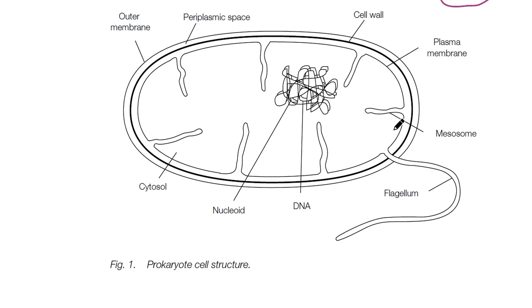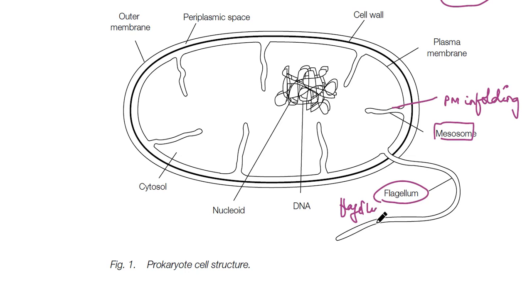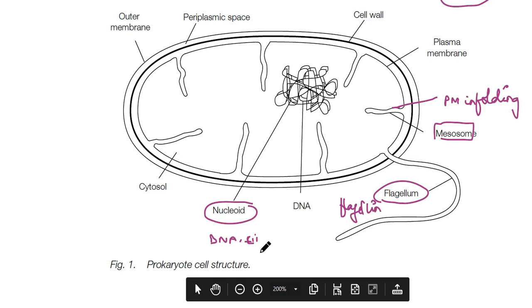Now as you can see in the structure, this is a plasma membrane infolding which is known as mesosome. They have the flagellum which is made up of the protein flagellin, and the DNA is circular and condensed, present in the cytosol.